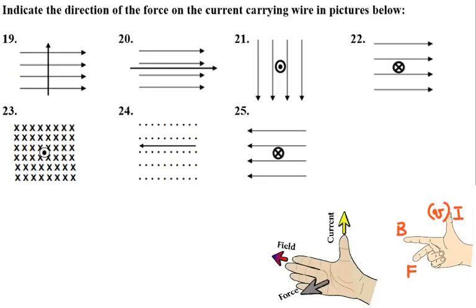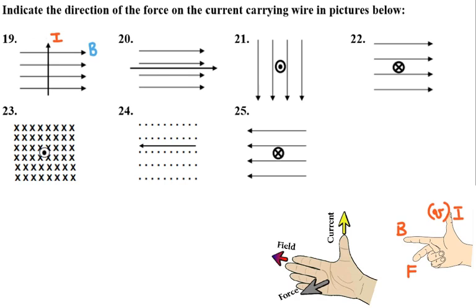In the next few questions, they ask you to indicate the direction of the force on the current carrying wire in the pictures below. So here is the current. The magnetic field lines point to the right.